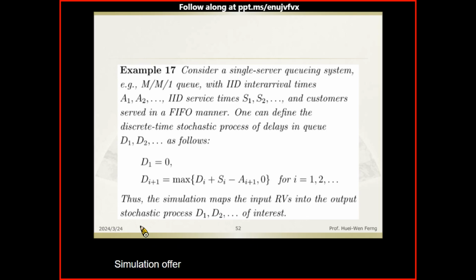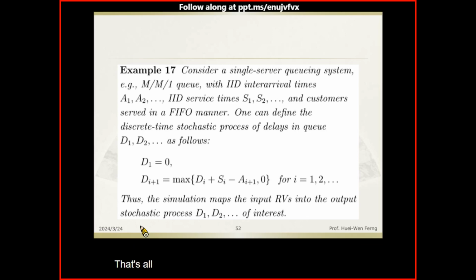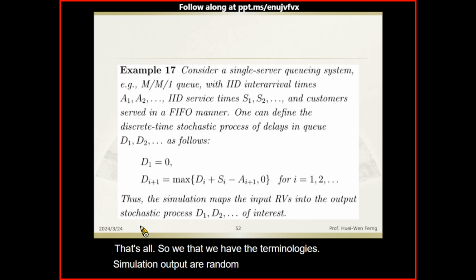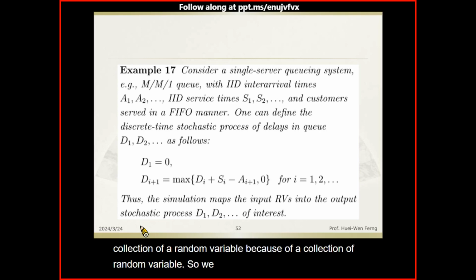Because of that, we can use a stochastic process to know the behavior of the queueing system. That's all. So there you have the terminologies. Simulation outputs are random variables, and actually it should be a collection of random variables. Because of that collection, we can use the principles of a stochastic process to study these outputs.